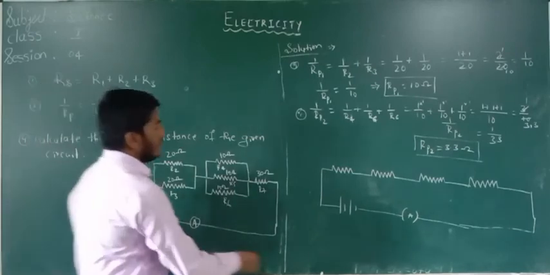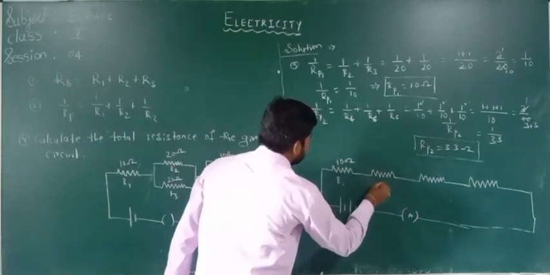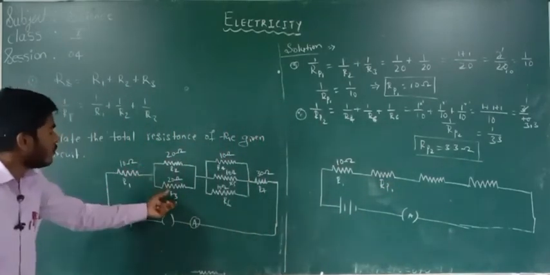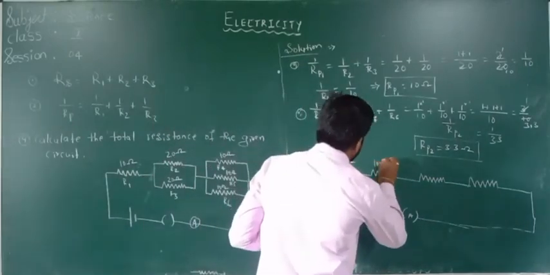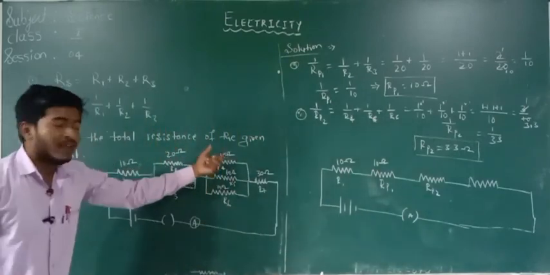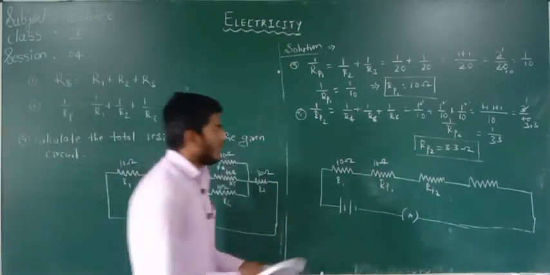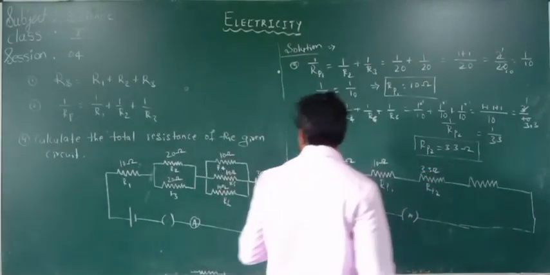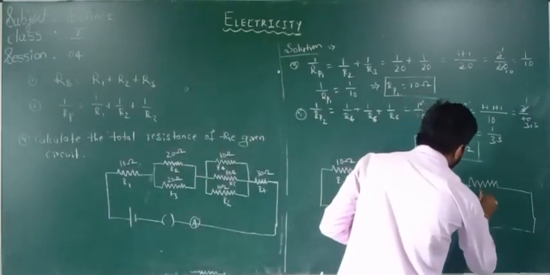I am considering here R1, the value of R1 is 10 ohm, and this is RP1, the equivalent resistance of R2 and R3, that is RP1 is equal to 10 ohm, and this is RP2, the equivalent resistance of R4, R5 and R6, that is 3.3 ohm. And last one is R7. The value of R7 is 30 ohm.